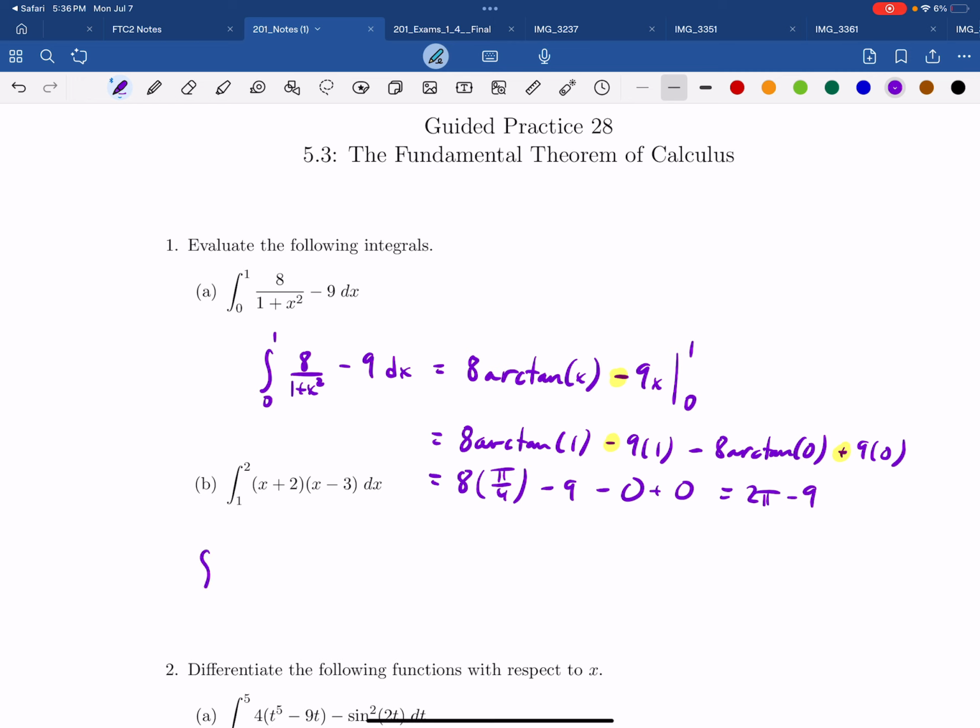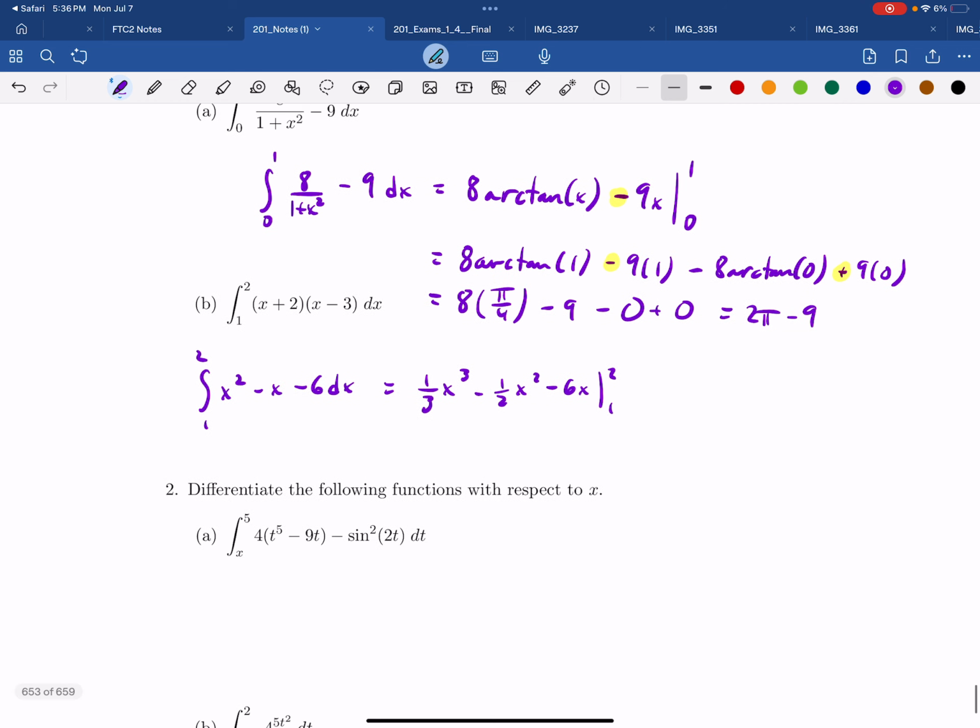What about this guy? Well, this guy is just going to be the integral of x squared minus x minus 6 dx. Right? And then that's going to be 1/3 x cubed minus 1/2 x squared minus 6x from 1 to 2. Please do not leave your answer like this. Please plug in your answers. Okay?